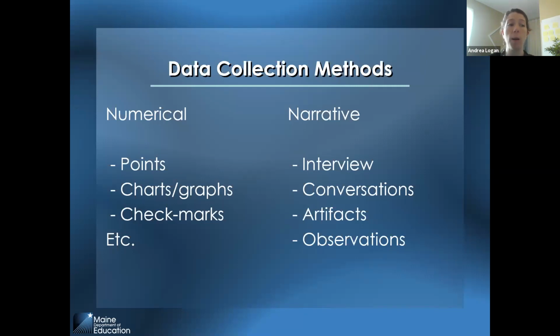And so one of the conversation points that I would highly recommend bringing up to your MTSS teams is, if you don't have a universal data collection method in your school, what kinds of conversation starters could you use to help get that conversation started?